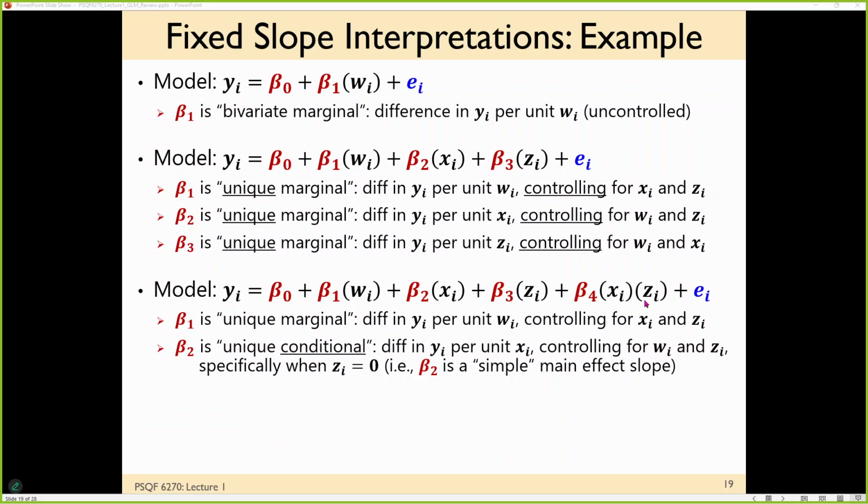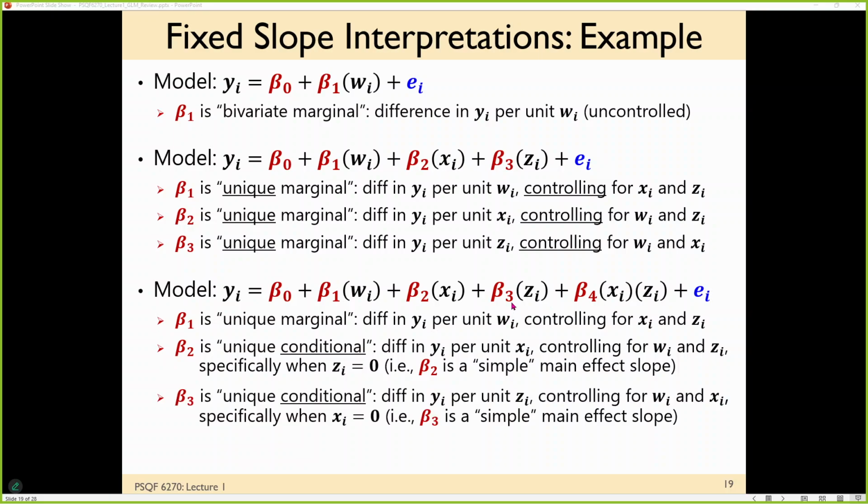And you have to say it that way, because this model implies that if z were 1, the effect of x would be different. If z were 2, the effect of x would be different. Different in a systematic way, but different. Likewise, beta 3, same story in reverse. The only situation in which beta 3 conveys all of the effect of z is if this part goes away, and that happens when the other variable, x, is 0.